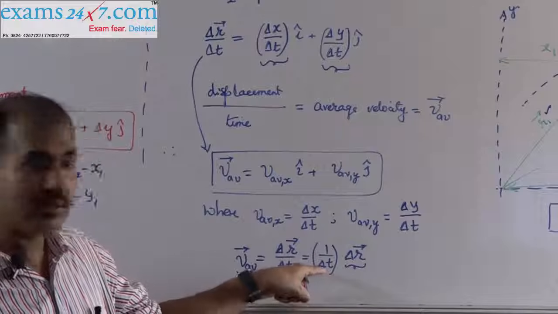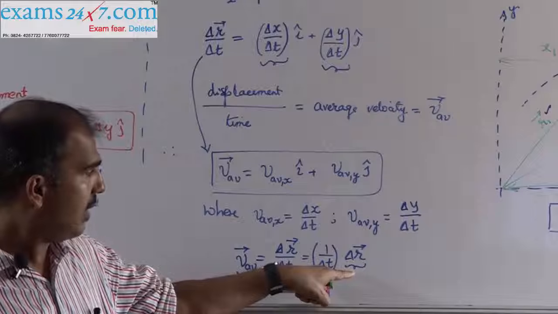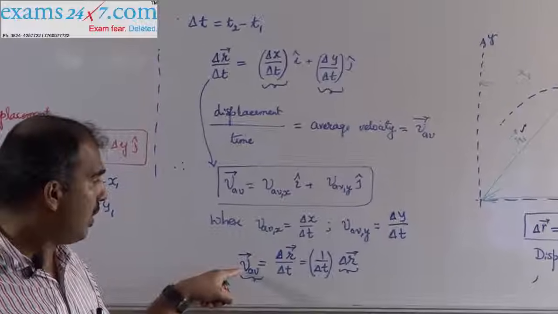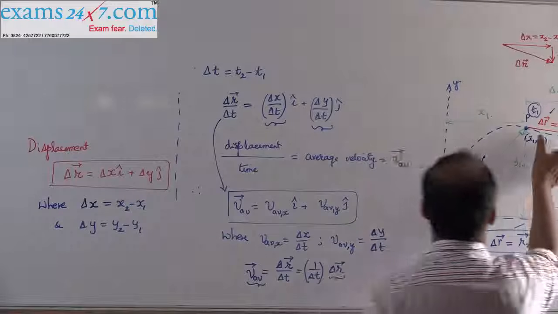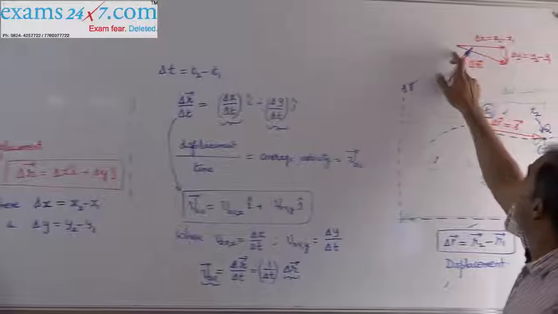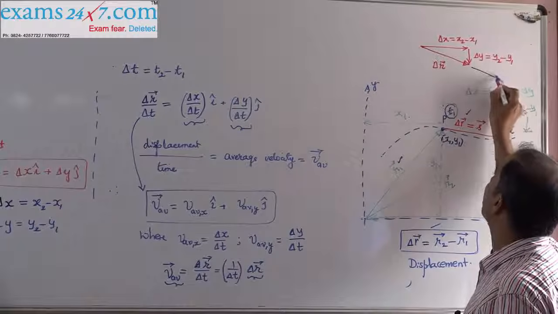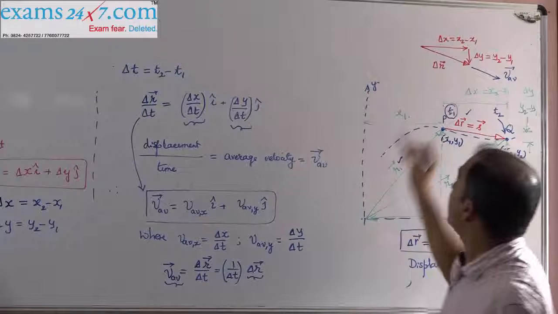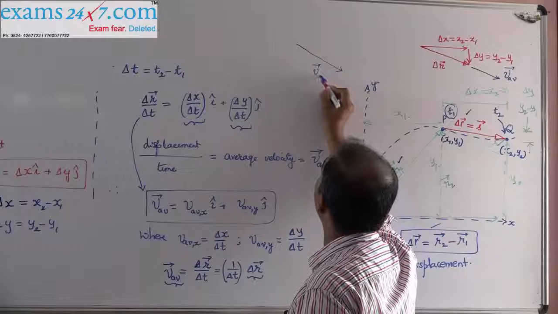Therefore, whatever the direction of the vector delta r, the average velocity vector must also be in the same direction. For example, in this simple elementary example, we have chosen the delta r direction to be this way. So naturally, the direction of the average velocity must also be in that direction.